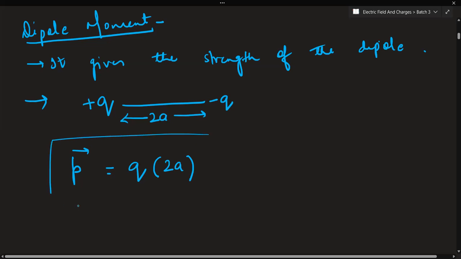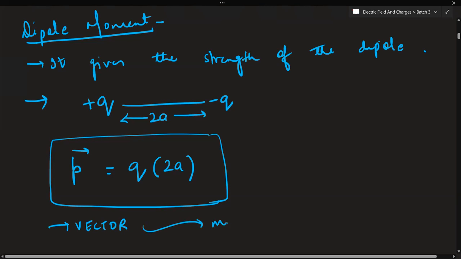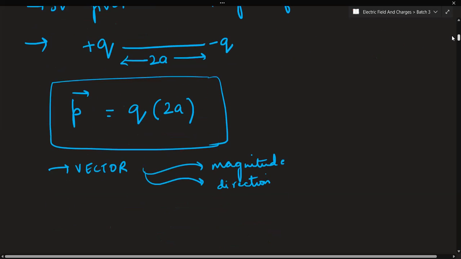This is your formula of dipole moment. It's a vector quantity. If it's a vector quantity, it means it will have magnitude as well as its direction. This is what is meant by dipole moment. This is the formula of dipole moment.